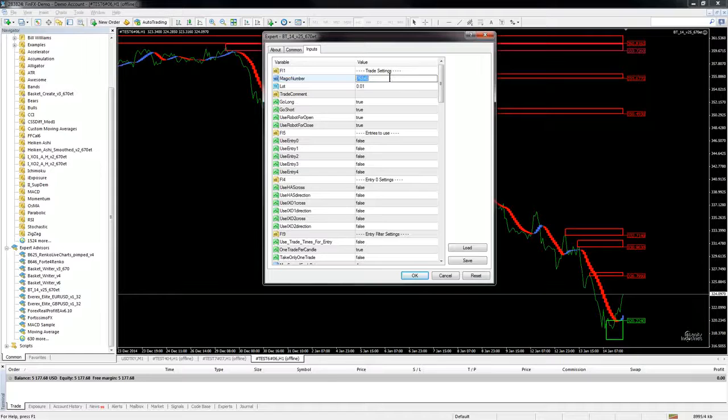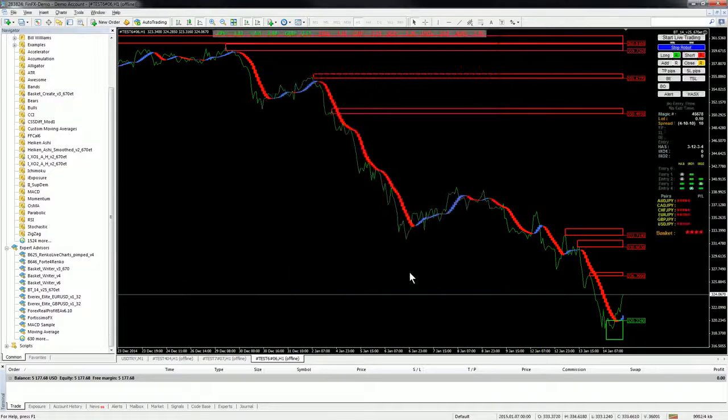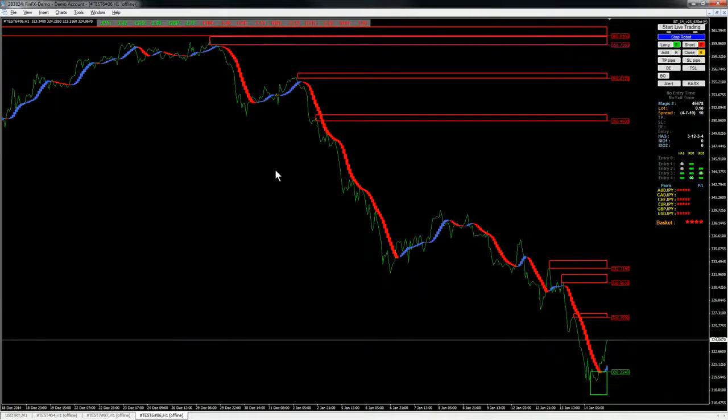Remember to change this number, just so we know what pairs are in the basket. And there are 6. Remember, this was made from the Magic 8 Ball. Don't really see anything right now to trade. You want to watch this to see if it rolls over a little bit and comes back down, and then it decides to take off again. That may be the point where you want to jump on it.